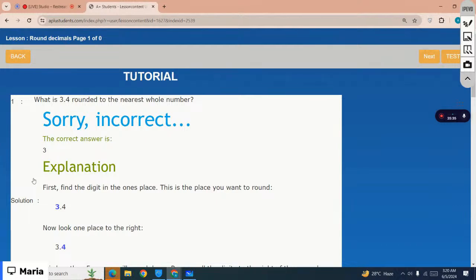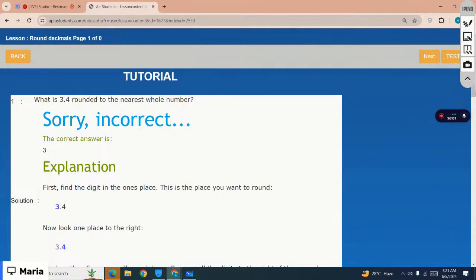What is 3.4 rounded to the nearest whole number? You need to round off the number to the nearest whole number, right? So you have to look at the digit that is right after the decimal point. After the decimal point, you have 4.